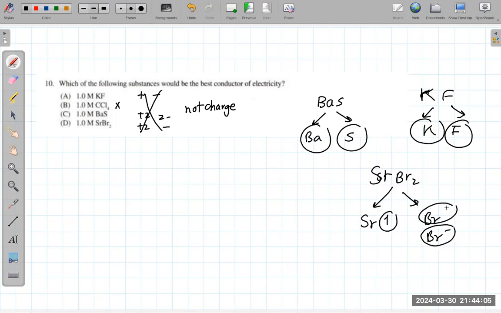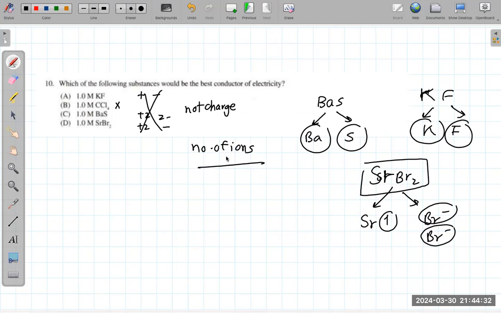So it's more related to the number of ions that you are getting, not the charges only. So here I'm getting 3 ions for every formula of SrBr2. If I have 1 million SrBr2, I'll have 3 million ions. But here only 2 million and here 2 million. So the number of ions is most important, more than the charges of them.